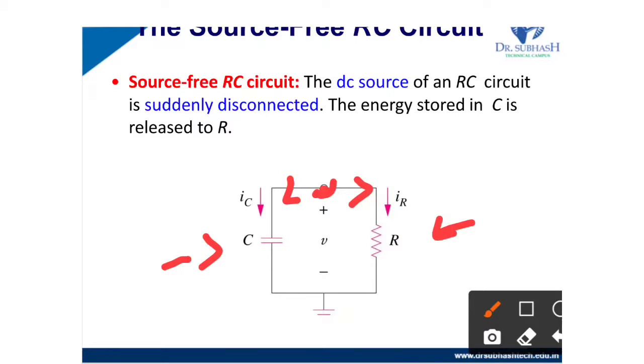When the capacitor is charging, the direction is different; when it is discharging, the direction of current is opposite. The voltage across the capacitor and resistor is V, because they are in parallel, so the voltage of R and C is the same.